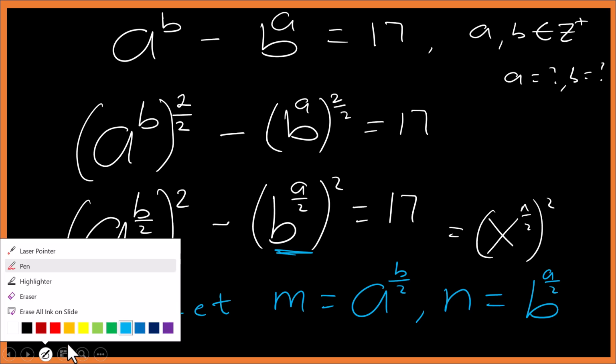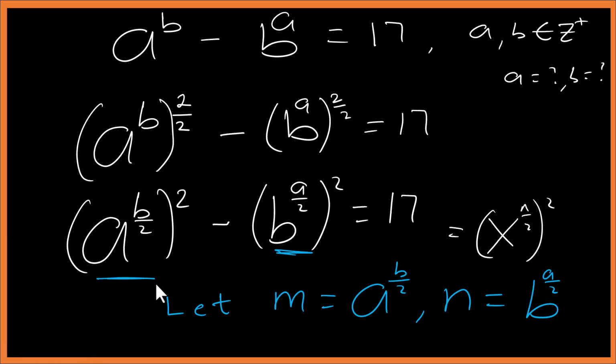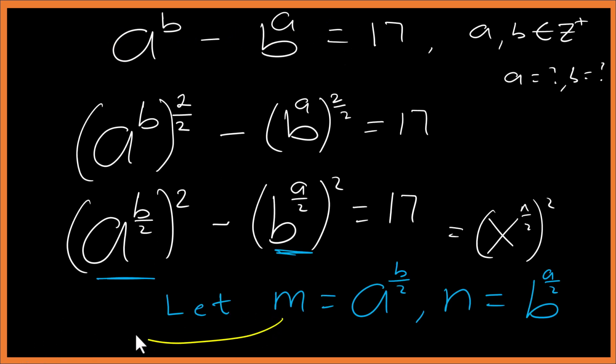So from here we can form this and that. That will give us the equation m squared minus n squared equals 17, because m is this and n also goes here.